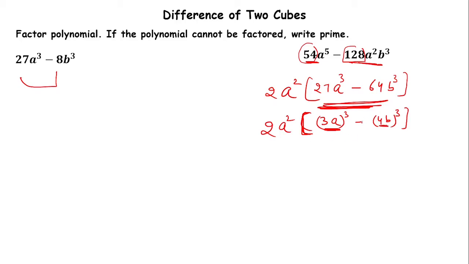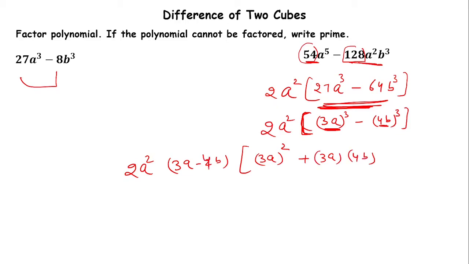So you know very well how to solve it. I am doing this in short. So 3a minus 4b, then 3a square plus 3a times 4b. My mistake, my dear, this is 4b, then plus 4b whole square.